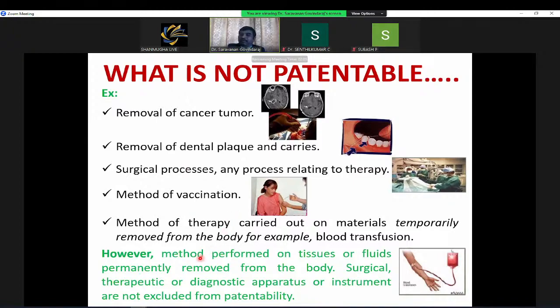But if you are making some surgical or diagnostic apparatus or instrument, okay, that one is excluded from these non-patentable. Surgical, therapeutic, or diagnostic apparatus or instruments are not excluded from patentability.